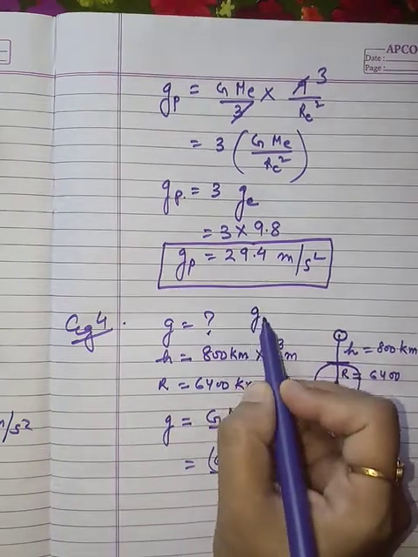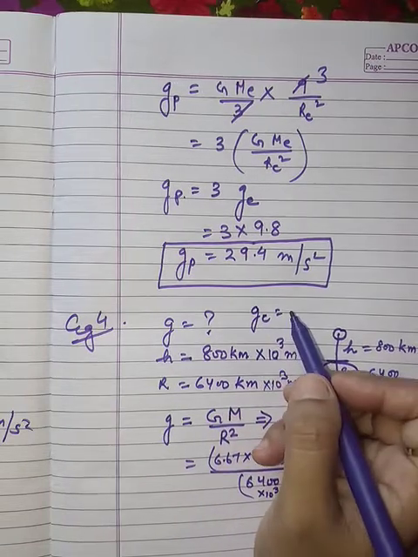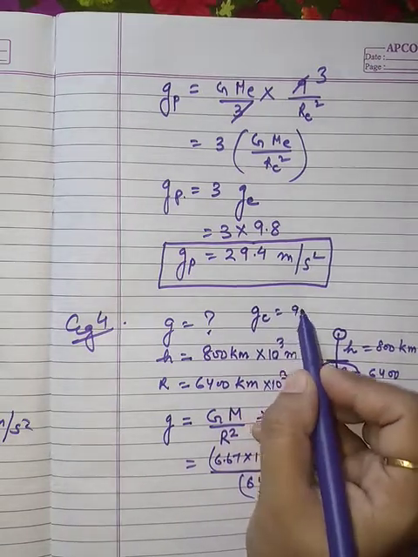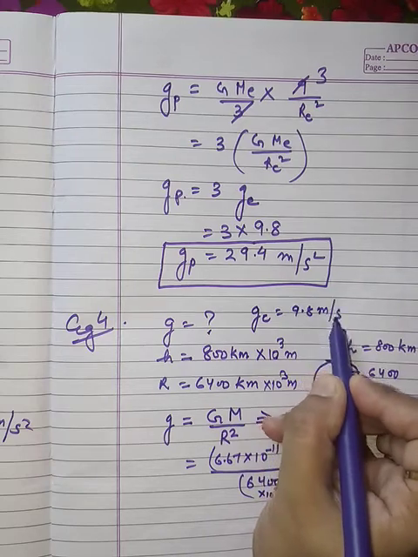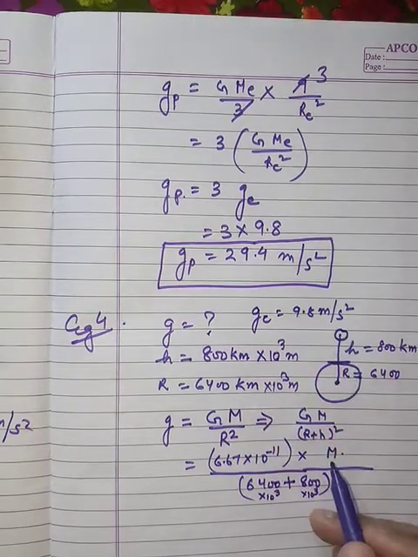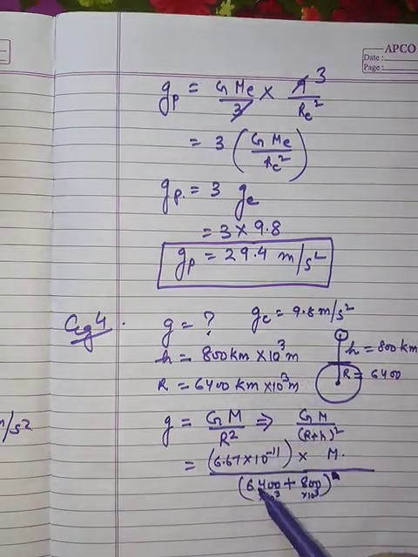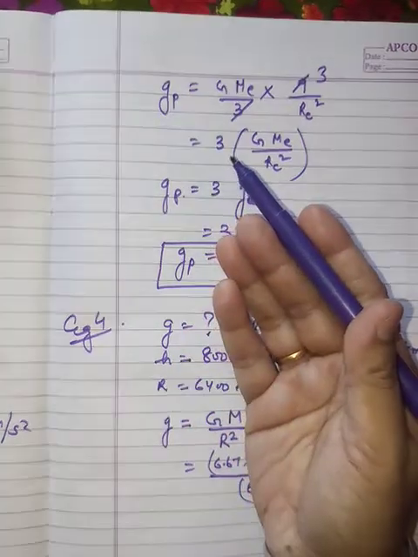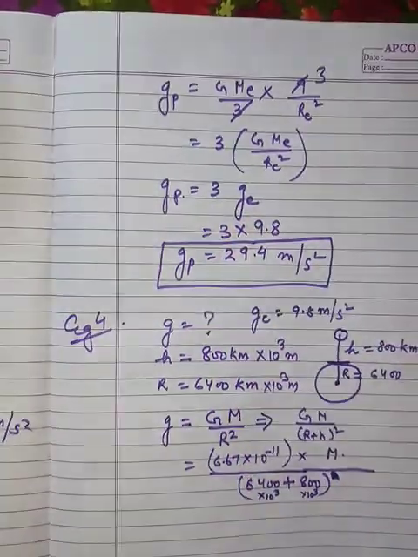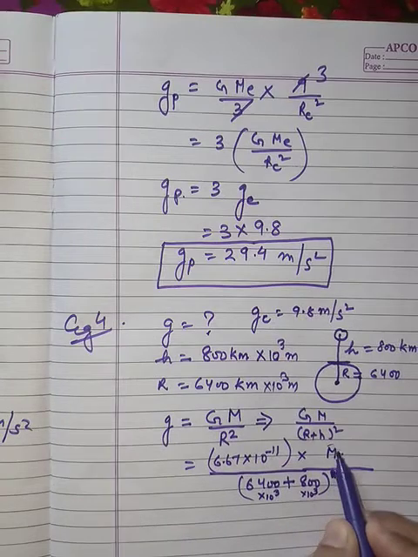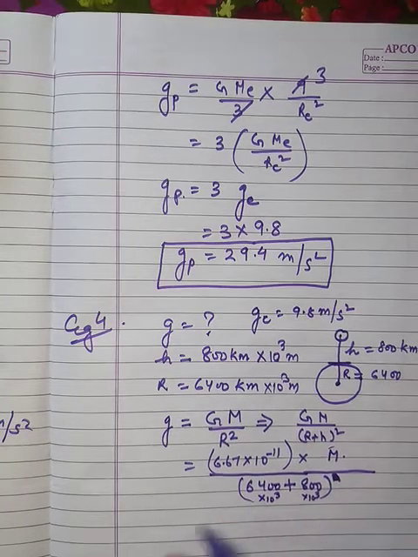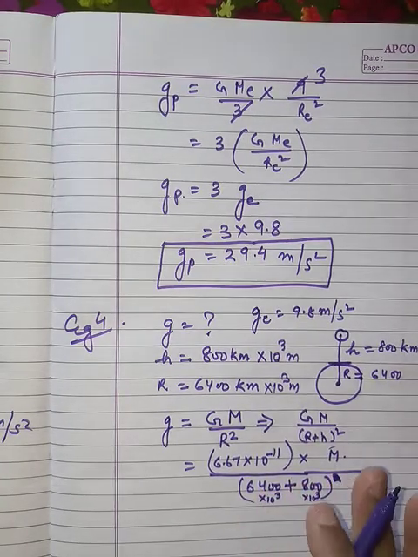On the earth it is 9.8, that is given in this question, so that we can use. That method will be similar to the method that we have discussed in the previous questions. So either we use mass or we use another method, whichever you like.